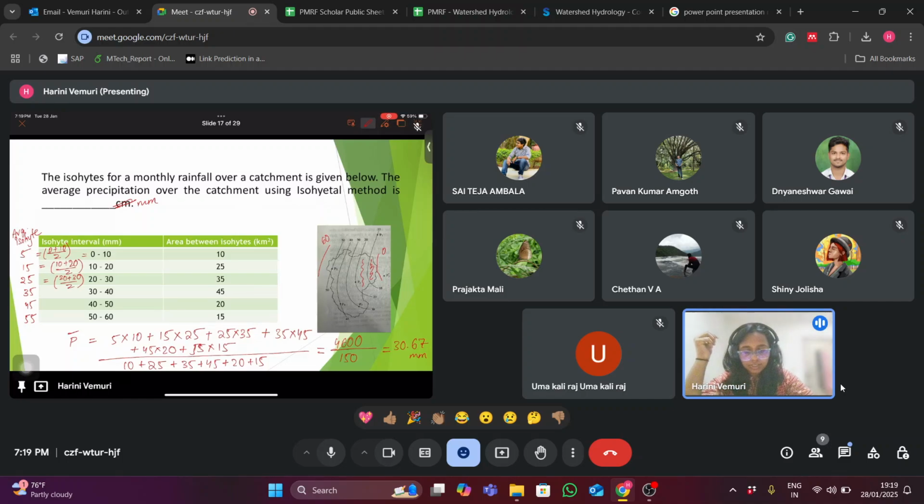So the average areal precipitation over the catchment using the isohyetal method will be 30.67 mm.